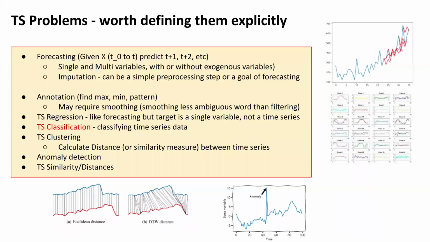Classification, the task I'm going to look at, is obviously having various data and trying to find which class a new time series belongs to. A very similar task, but done with a lot less labeled data or with no labeled data, is clustering time series based on some features.